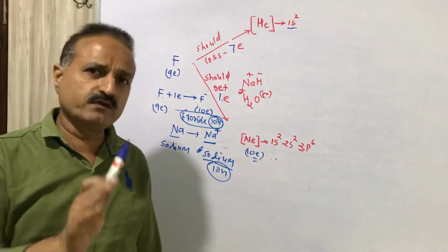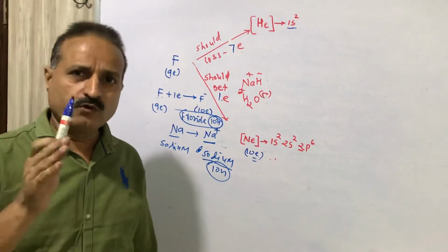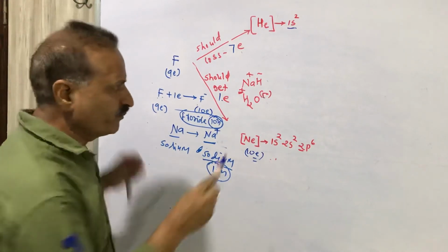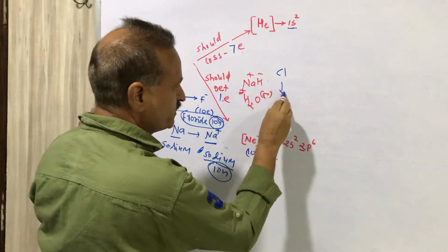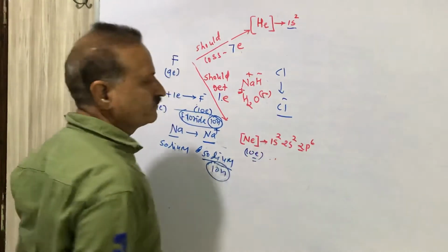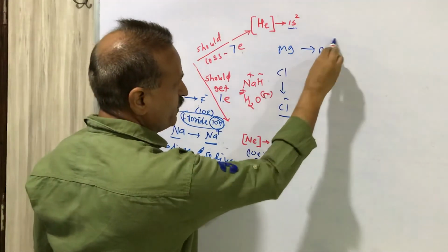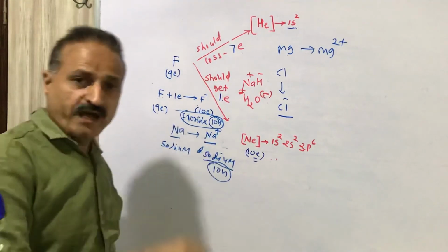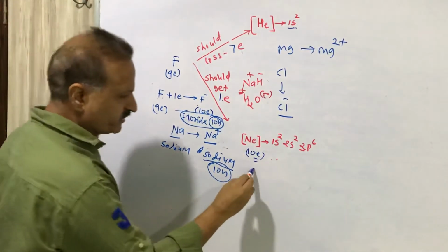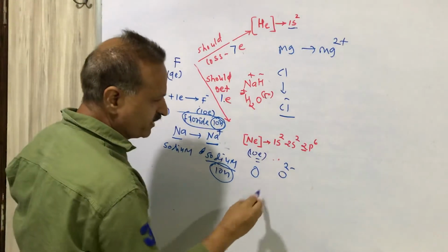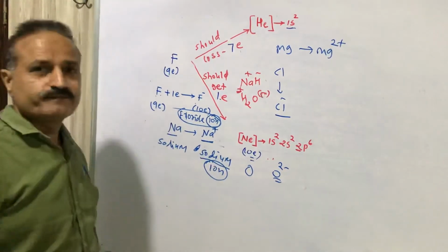A neutral element has the same name: fluorine, chlorine, bromine, iodine. Suppose this is chlorine and Cl minus is chloride ion. This is magnesium and magnesium 2 plus is magnesium ion. This is oxygen. Oxygen 2 minus is oxygen ion.